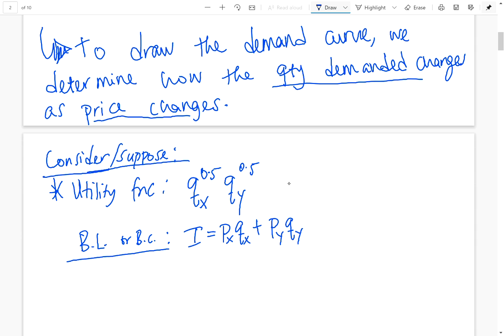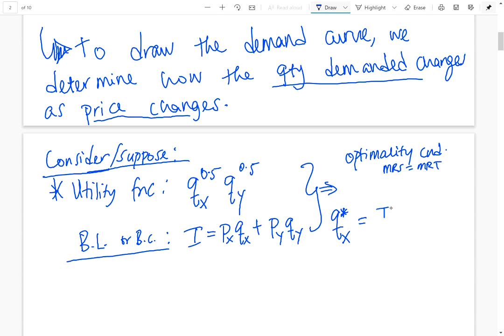Now, using these two pieces of information, we found that our optimal, with the optimality condition, MRS is equal to MRT, we found that the demand function for x, good x, was equal to I over 2 P of x, and the demand function for good y was equal to I over 2 P of y.